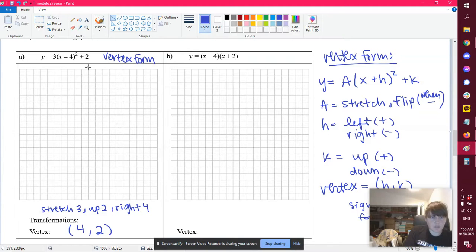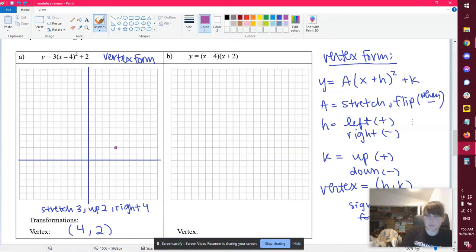All right, let's graph this. I'm going to graph my vertex first. So I'm going to go over 4 and up 2. So I've basically used these two numbers of my form already, and now I just need to use this 3.